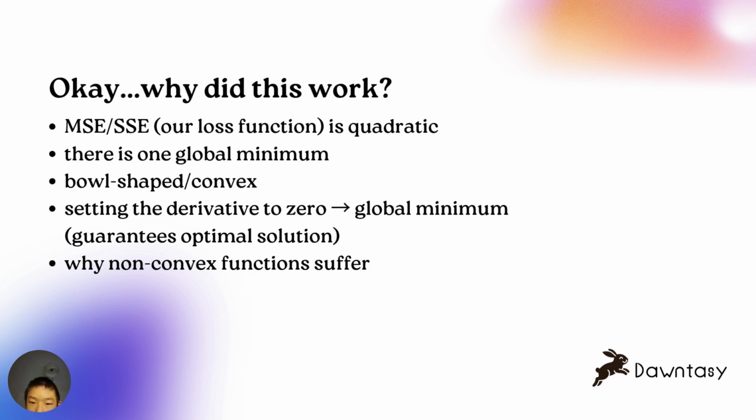And being bowl-shaped, there's one minimum. So the minimum is the bottom of the bowl, the valley. So it's one global minimum. When we say it's bowl-shaped, there's one global minimum, it's convex. Thus, setting the derivative to 0 gives us the global minimum, so it guarantees us the optimal solution.